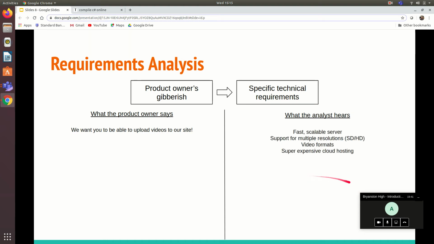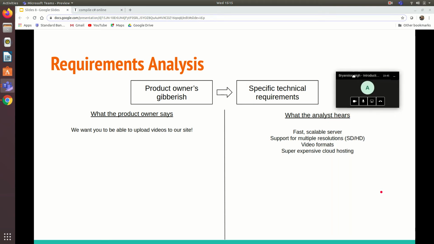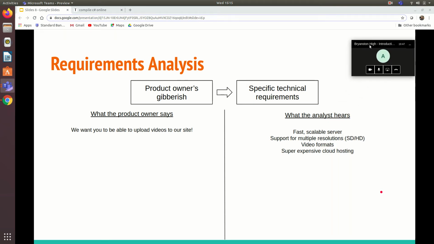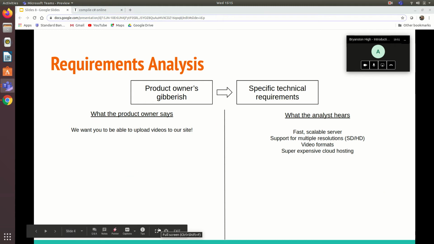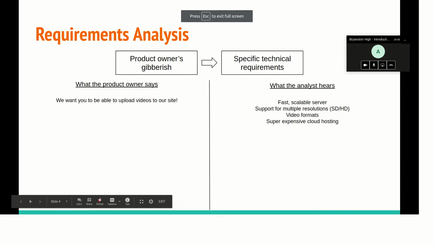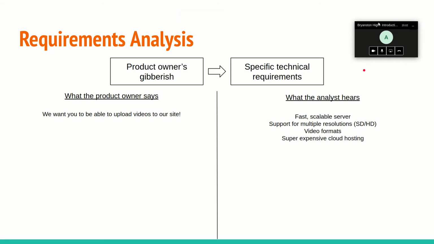Okay, so immediately what I hear, instantly from that, and you can see how specific it gets, right? Even just from this, we want to be able to upload videos to our site. We immediately know, okay, we need a fast, scalable server. It's very difficult for us to actually serve videos.